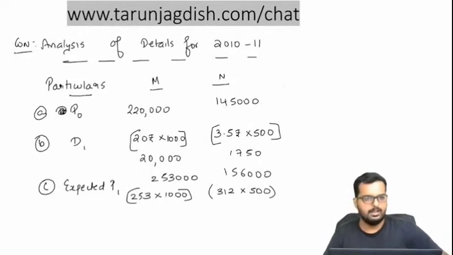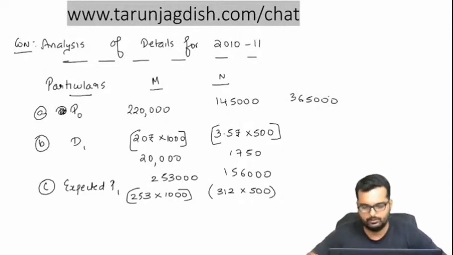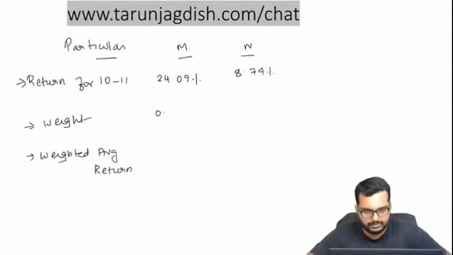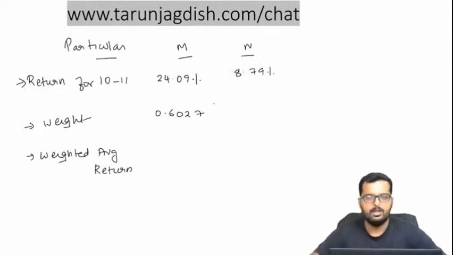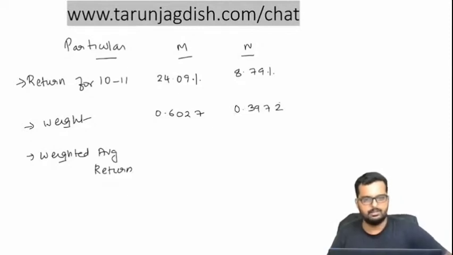Weights would now be 2,20,000 and 1,45,000, total 3,65,000. So 2,20,000 divided by 3,65,000 will give you 60.27 percentage. And the second one would then turn out to be 39.72, 0.3972.